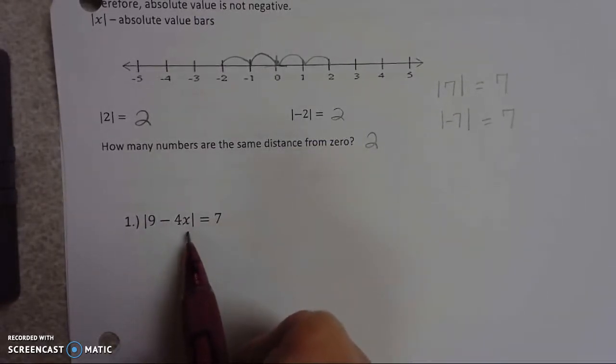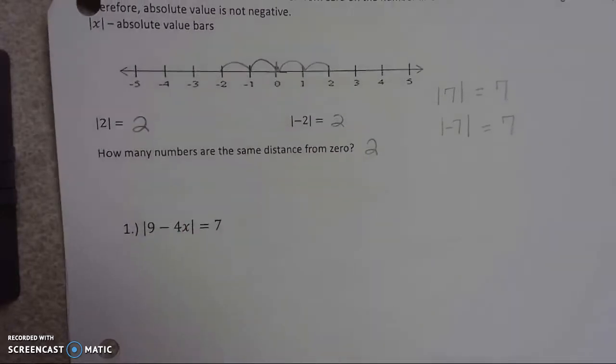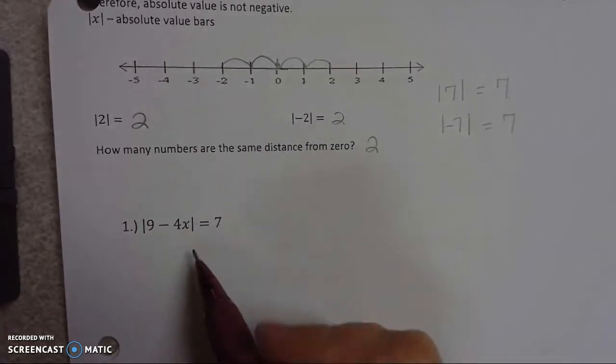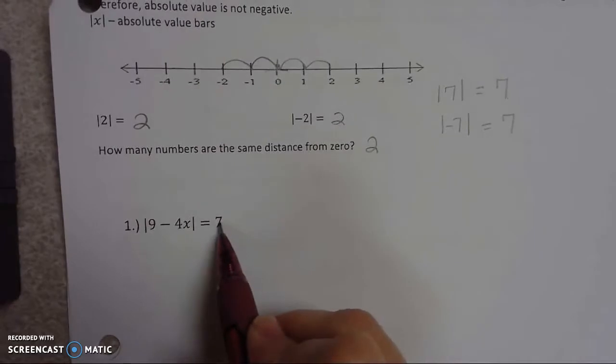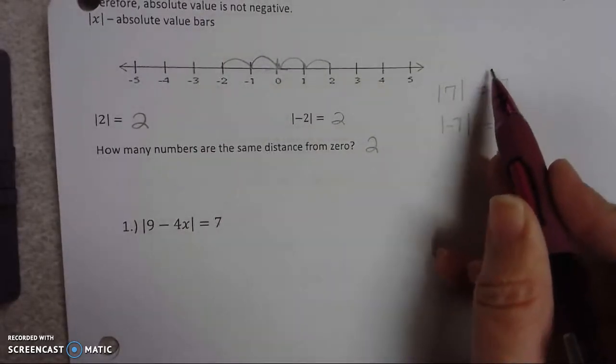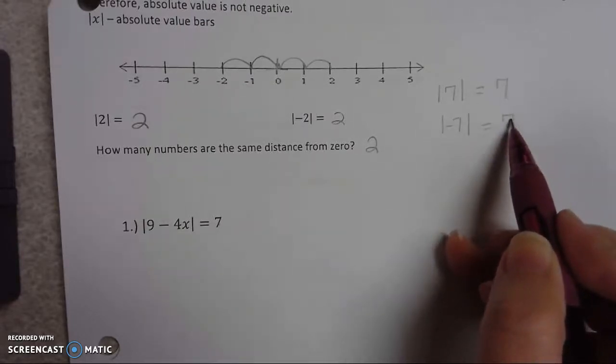What this is telling me here is that the absolute value of something, or the distance of this expression right here, is a distance of 7 from 0. So what I need to find is, what number is a distance of 7 from 0? Well, we've already seen that 7 is a distance of 7, and negative 7 is a distance of 7. So there are 2 possibilities.